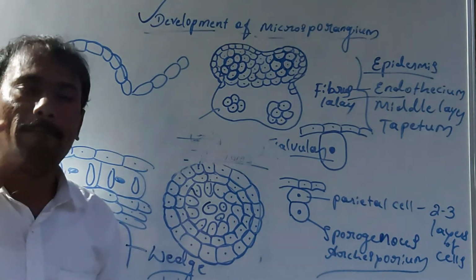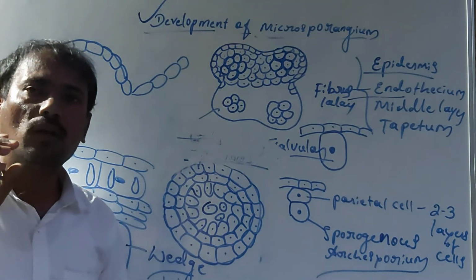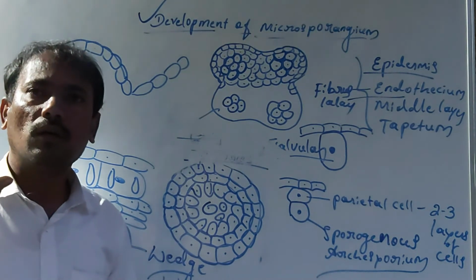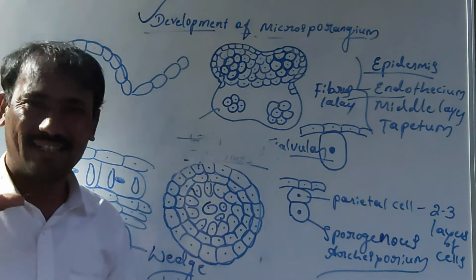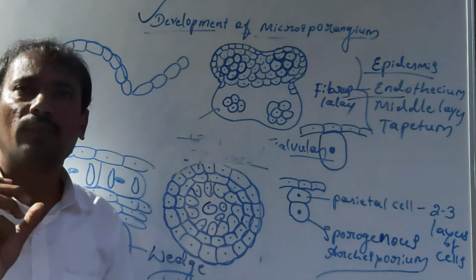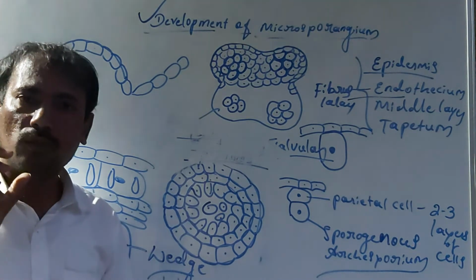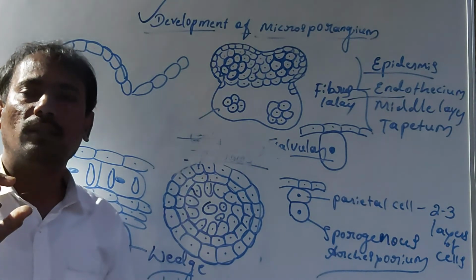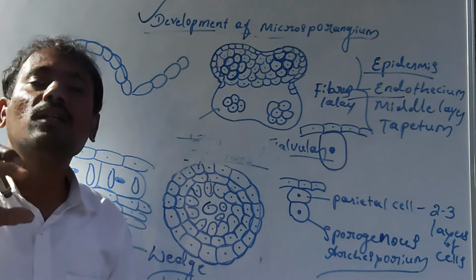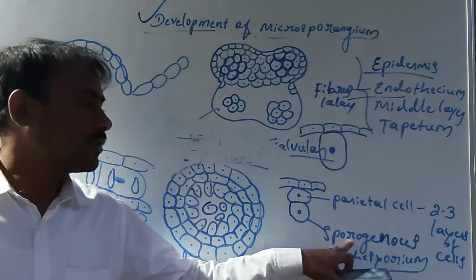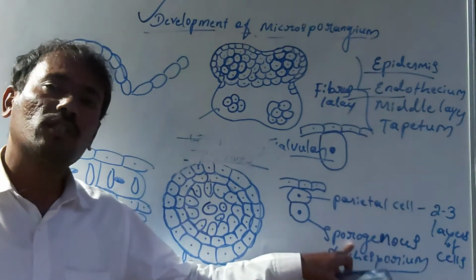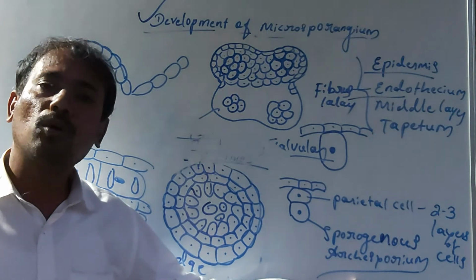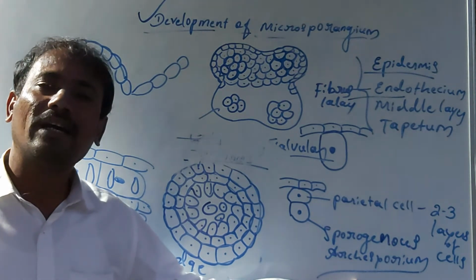So the tapetum plays a very significant role in the growth and development of the microspores or pollen grains within the microsporangium. This is considered the nutritive layer of tissue that nourishes the growth and development of the sporogenous cells, the spore mother cells, and later on the spore tetrads, nothing but the pollen grains.